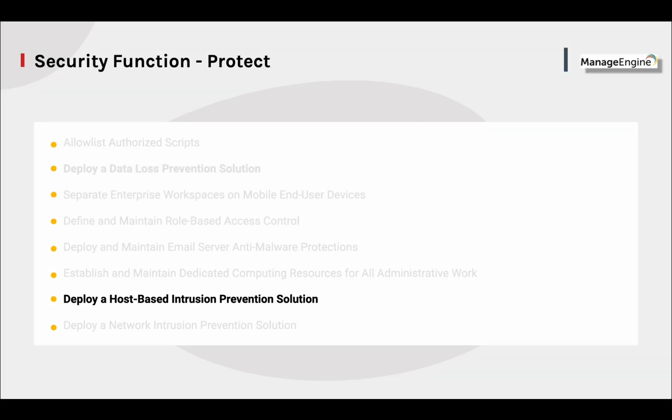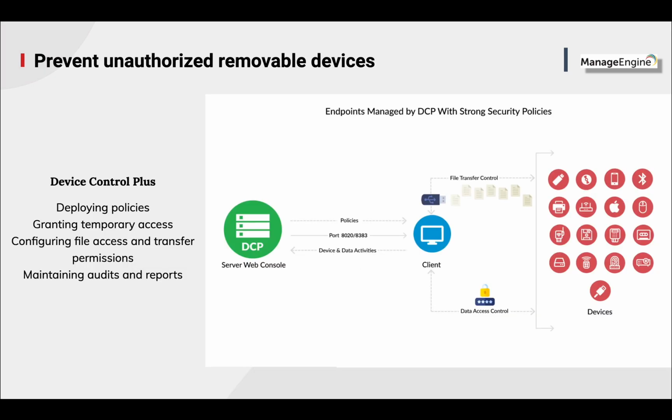Moving on to the next security function, deploy a host-based intrusion prevention solution. We have discussed this in the second webinar as well. We have seen multiple products helping us to prevent intrusion in the network.